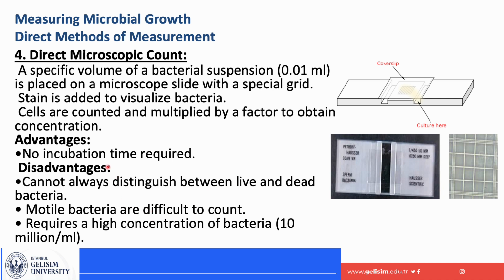Now, the direct microscopic count method has several advantages, including its ability to provide rapid results without the need for incubation time. However, it also has several disadvantages, including its inability to always distinguish between live and dead bacteria, as well as the difficulty in counting motile bacteria, and the requirement for a high concentration of bacteria to achieve accurate results.